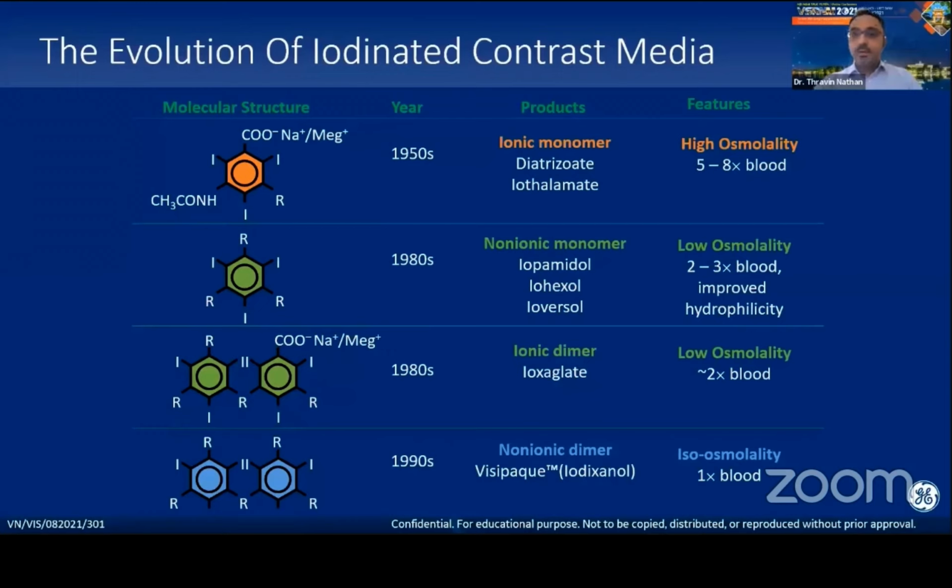Their osmolarity is lower than that of the high osmolar contrast media agents, but the osmolarity is still higher than that of blood, but with some improved hydrophilicity in the non-ionic monomers. Right at the bottom, you have iso-osmolar contrast media agents, which is a non-ionic dimer, and that's where iodixanol is. This has an osmolarity that is equal to that of blood.